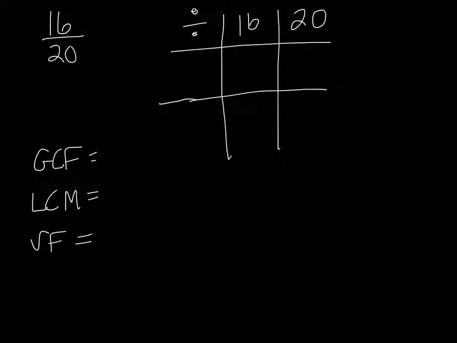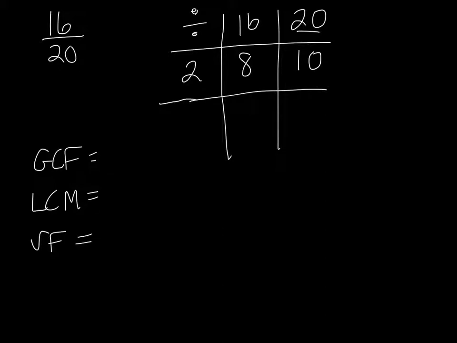So I'm going to start by asking myself, what is a number that can divide 16 evenly that will also divide 20? And I know that both of these numbers are even numbers, so I can start by using 2. 16 divided by 2 is 8. 20 divided by 2 is 10.